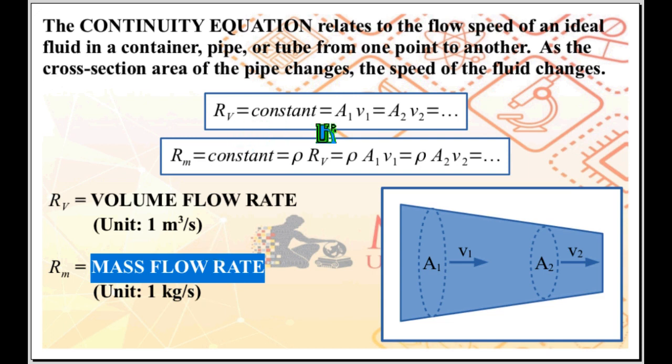And just like R sub V, R sub m, mass flow rate, is constant. R sub m is just equal to volume density of the fluid times R sub V. Since R sub V is constant and volume density of the fluid is constant for the most part, R sub m is also constant.